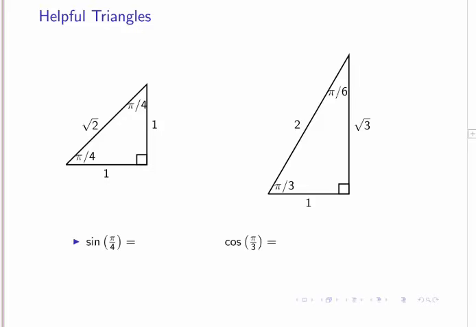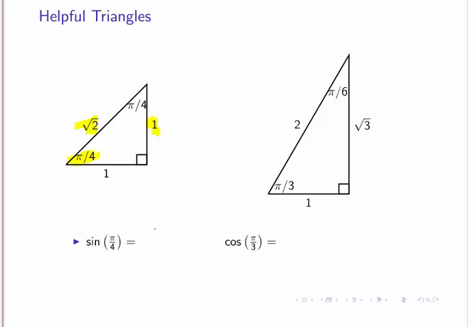There's a couple of helpful triangles we can use to help us calculate sines, cosines, and tans of angles. The one on the left is a pi over 4 right angle triangle. If, for example, we wanted to look at the sine of pi over 4, we take the opposite, divide by the hypotenuse.